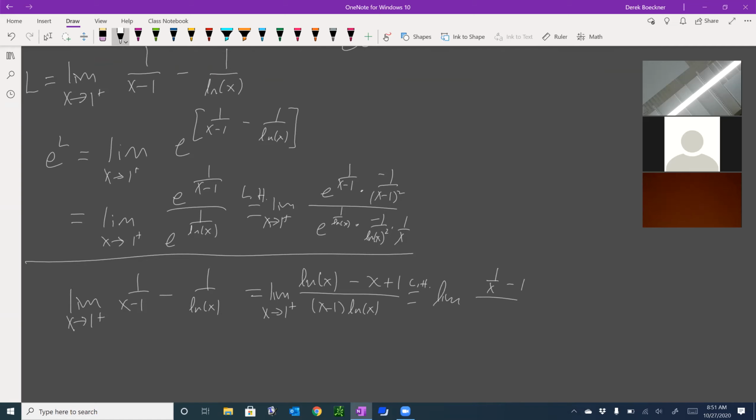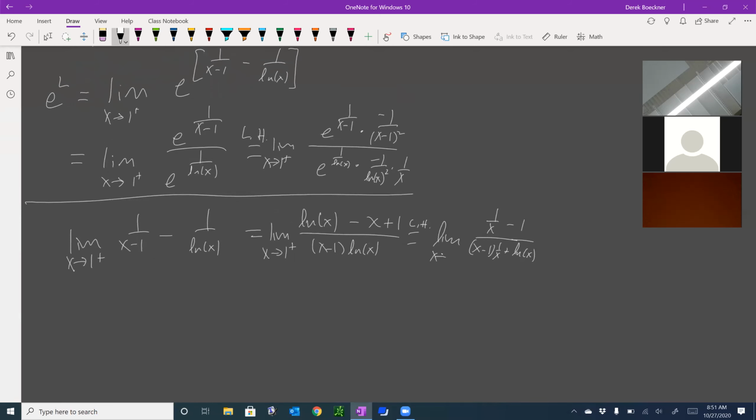Product rule here. End up with that. And this still goes to 0. This still goes to 0. Let's simplify that before we do more derivatives.